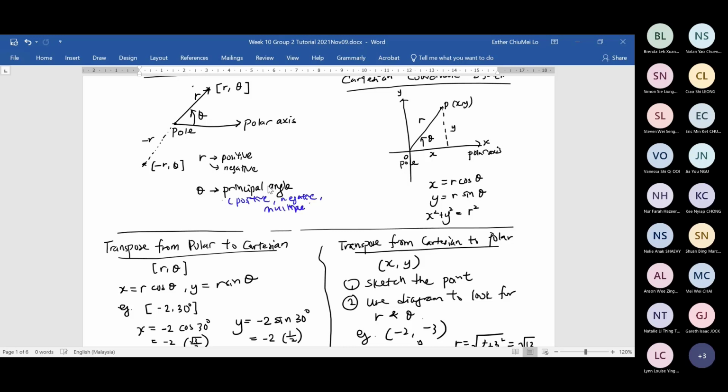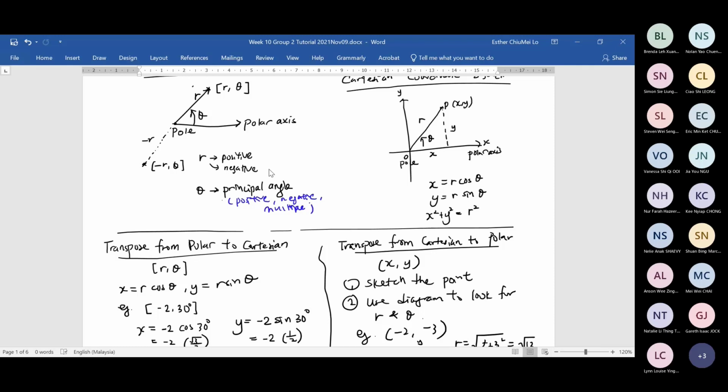Multiple here means you can put in pi, radian, degree, and so on, or more than one round, more than one circle, like the one we practiced between 2 pi and 4 pi. So that's what they mean by multiple, more than one round or more than one cycle.